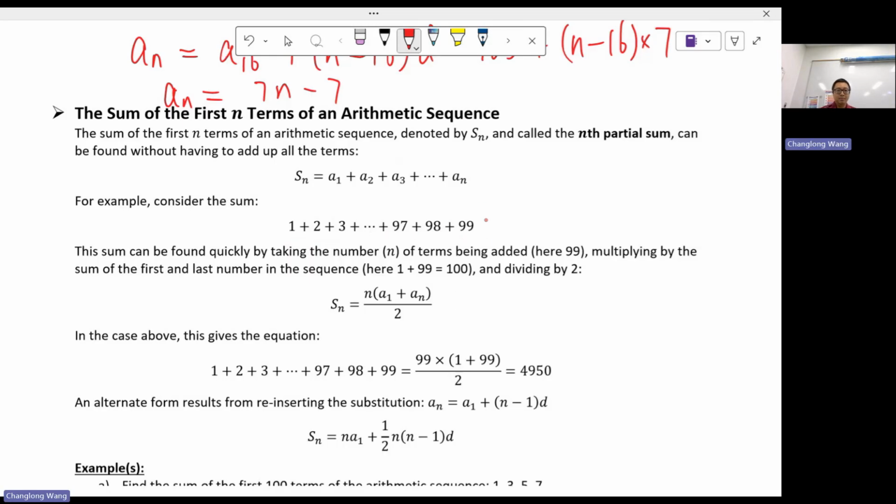Now, it turns out that there was this guy a couple hundred years ago who figured out a much easier way to add things up, however many terms you have, if they show a pattern like an arithmetic sequence. So this is what this guy did.